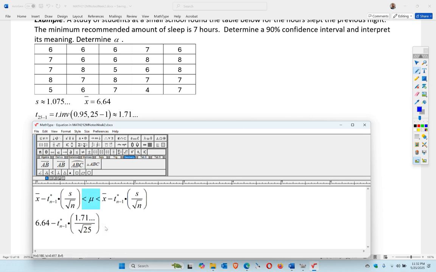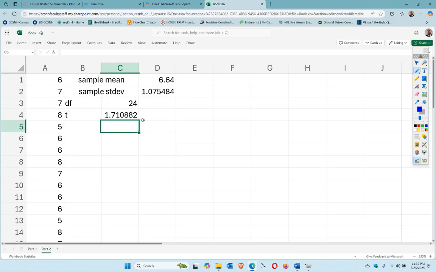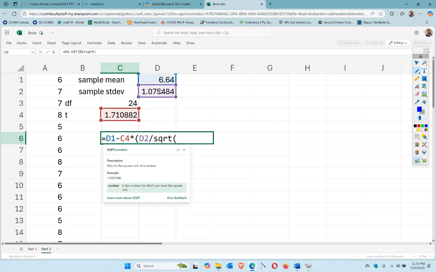So our true population mean, right, because this is the population mean, that is the sample mean. The sample might be the population, might be more, might be less. We don't really know. We'll put a plus there. Okay. So now we can do our confidence interval right here. So it is our mean minus the t value times parentheses the standard deviation divided by the square root of 25, right?